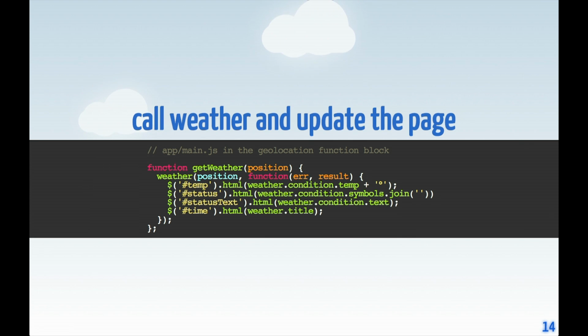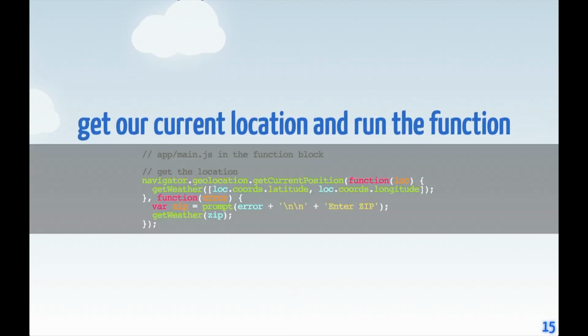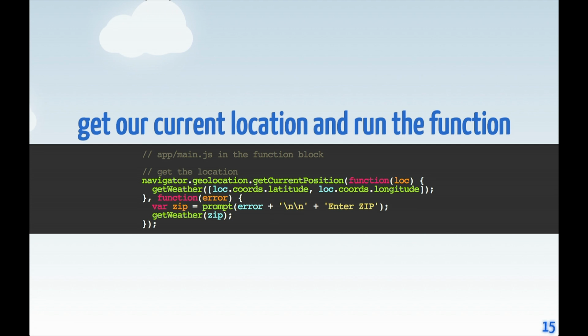And make a function that actually uses the position object that the weather API returns with temperature and condition and that kind of stuff. And then actually get our current position. So we'll use geolocation, get our current position, and pump that latitude and longitude into our weather module.